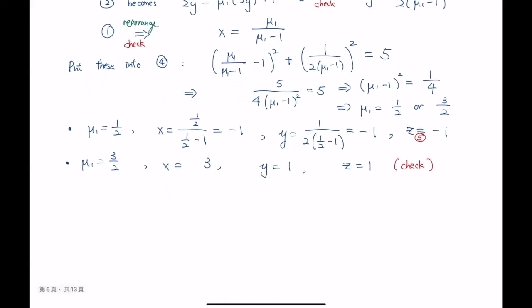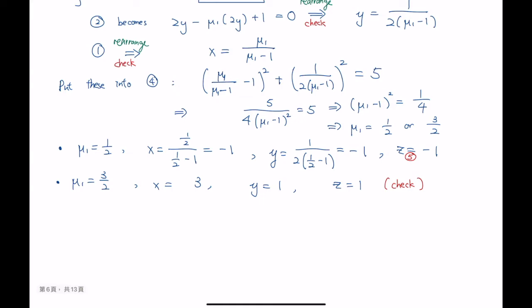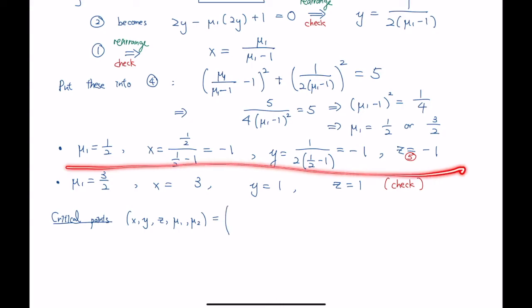Hence, we obtain two collections of critical points. The critical points are x, y, z, mu1, mu2. The first set is given here: minus 1, minus 1, minus 1.